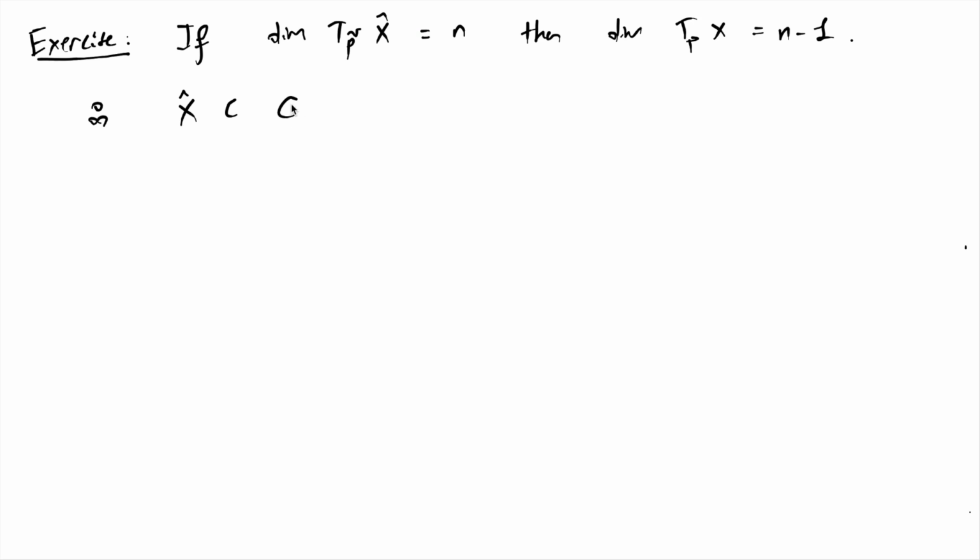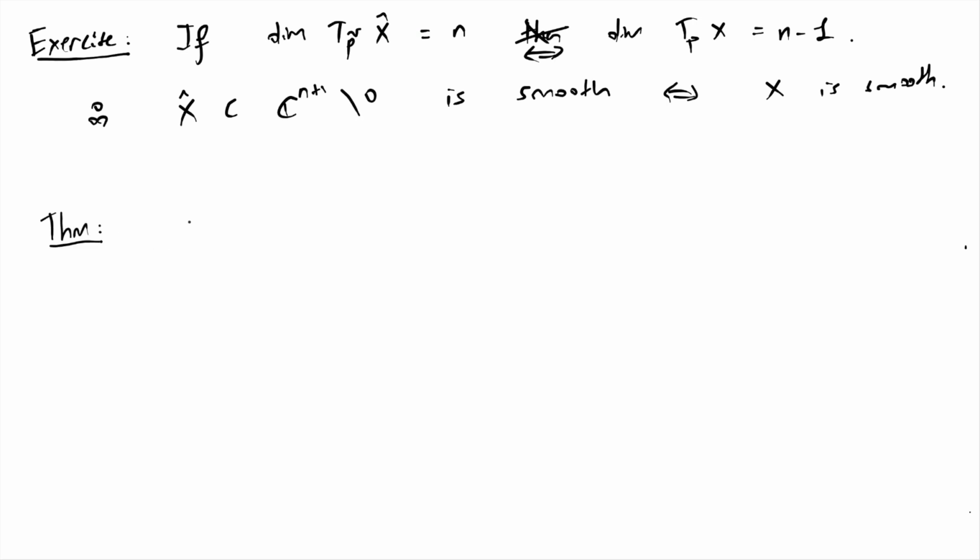If the dimension of T_p tilde of the cone over X is n, then the dimension of T_p X is n minus 1. In other words, X hat in C^(n+1) minus the origin is smooth if and only if X is smooth. Here I should replace this by if and only if.